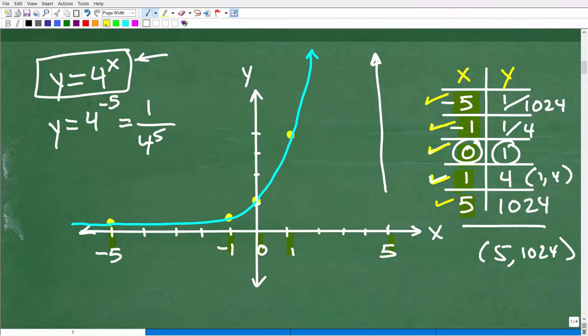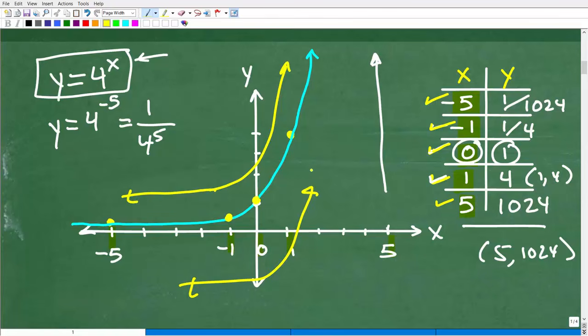Now, for additional videos or in my Algebra 2 courses, college algebra courses, I think I even teach this in my Algebra 1 course as well, we're going to want to talk about how to apply translations to a graph like this. In other words, what happens to that equation, or to our exponential equation, if we move the graph up, or we move it down, or we move it to the right.